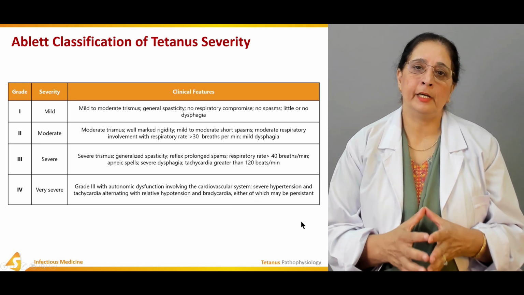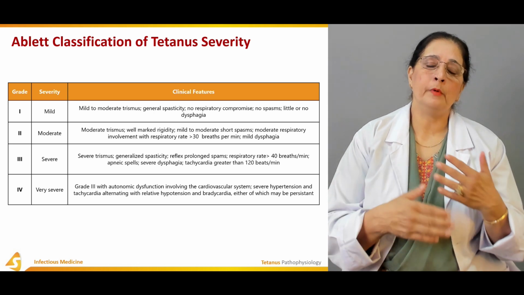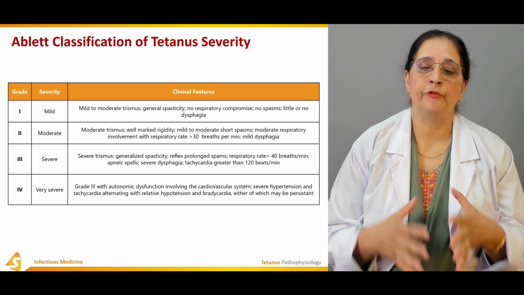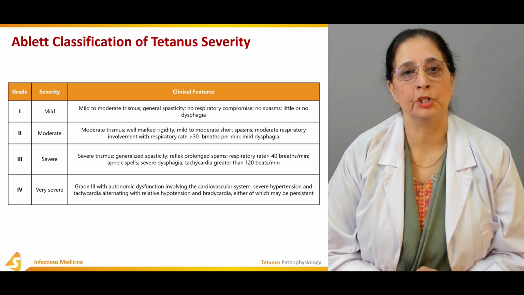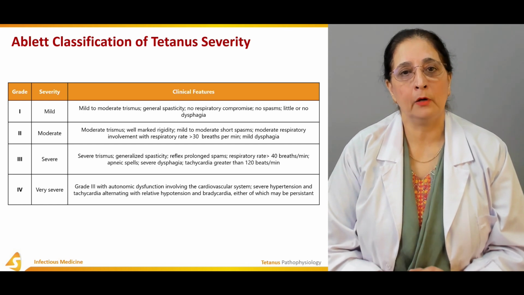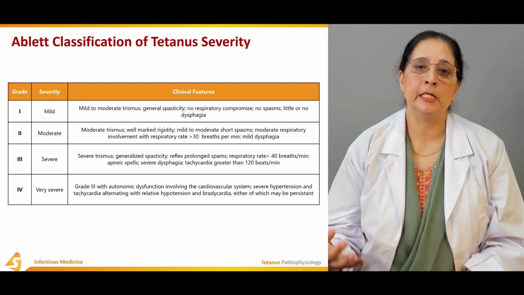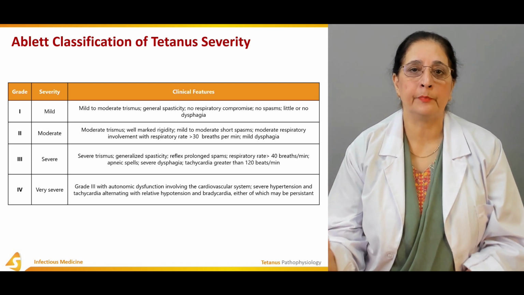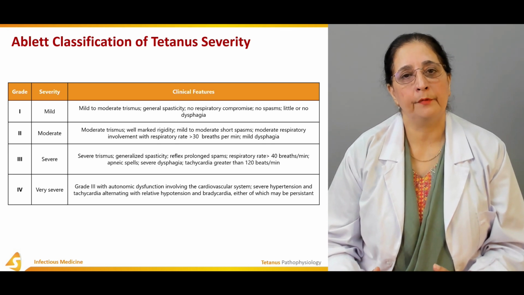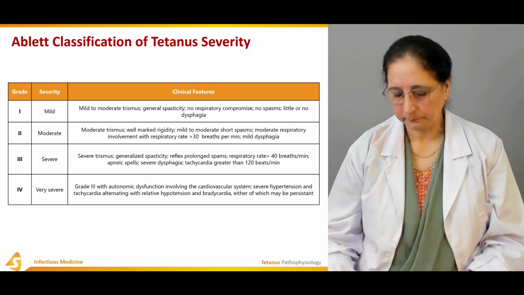So stage 4 is more persistent than stage 3, with greater involvement of the autonomic nervous system, so there are periods of hypertension and periods of hypotension.